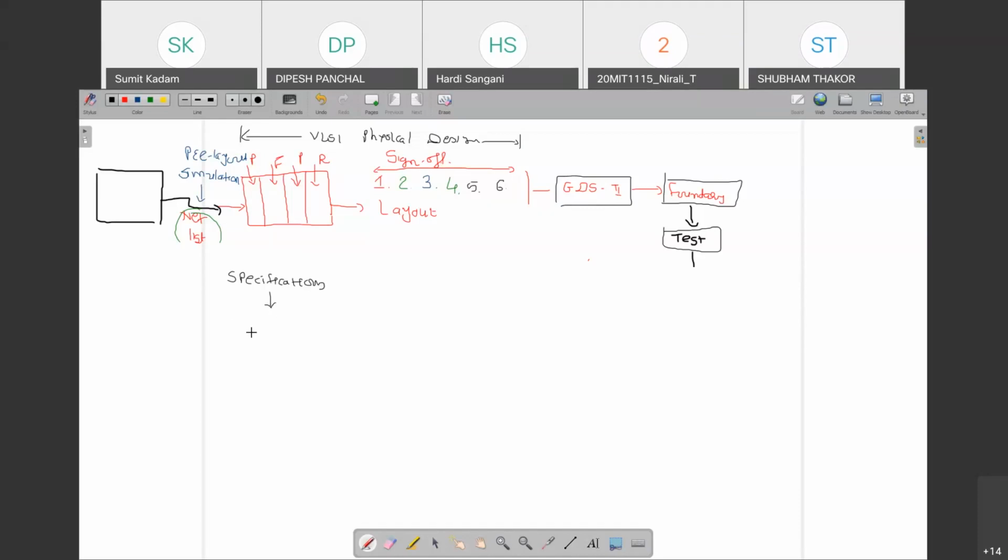Which is first passed to the behavioral design. Behavioral designs include the flow graph, pseudo codes, some coding is included over here. The behavioral level designs. Then it is passed through the data path design.